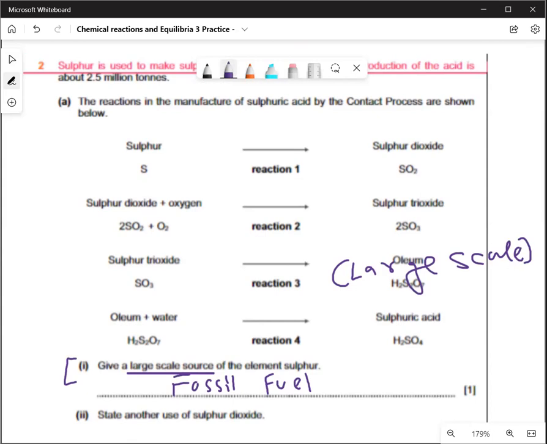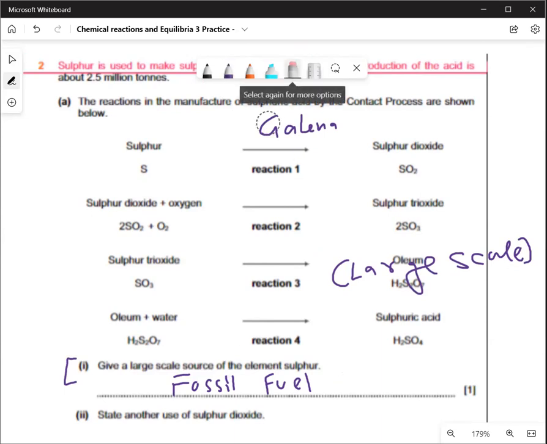Done. Now you can also say underground ores. What is the name of the ore? Galena. Now Galena is actually a beautiful person, and she gives us all the sources of sulfur, right? So you can also write that over here.